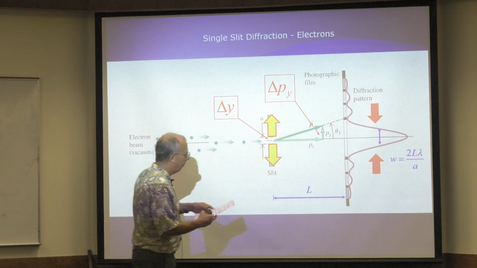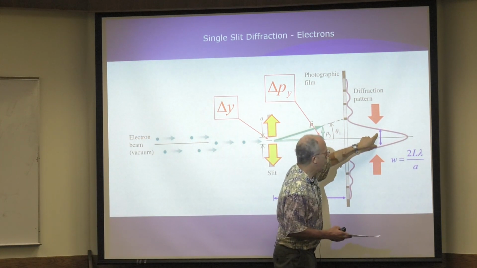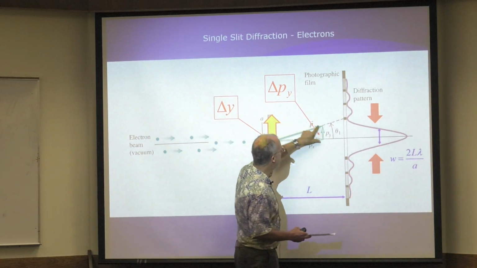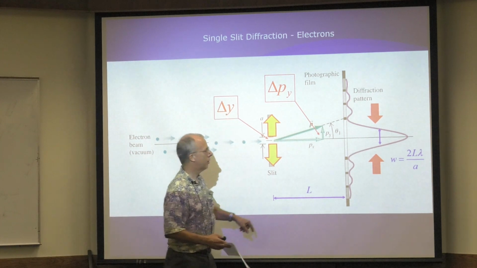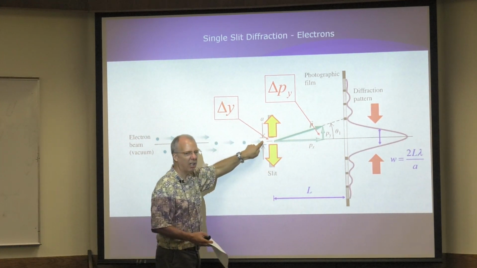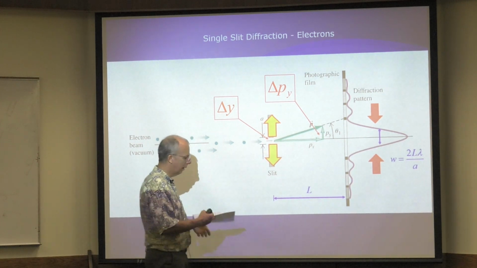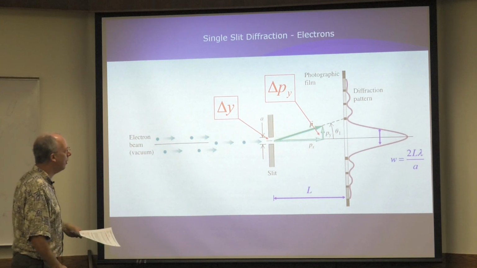But wait a minute, it's not great. Because what I've done, in order to reduce my delta py, I've increased my delta y. So I've done a good job here, but I've kind of hurt myself here. Well, that's no good. Well, let's do the other one, all right? Okay, let's do the other way.